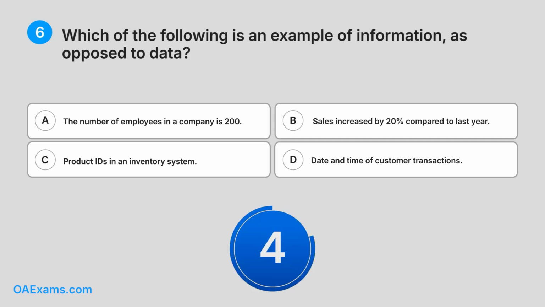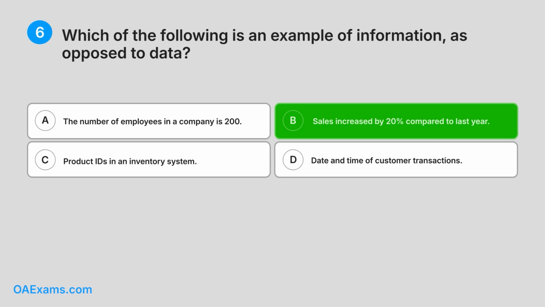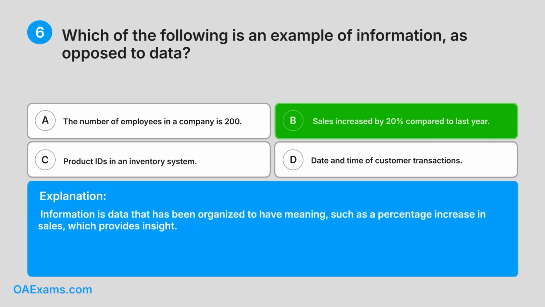Do you know the answer? Correct answer. B. Sales increased by 20% compared to last year. Explanation. Information is data that has been organized to have meaning, such as a percentage increase in sales, which provides insight.